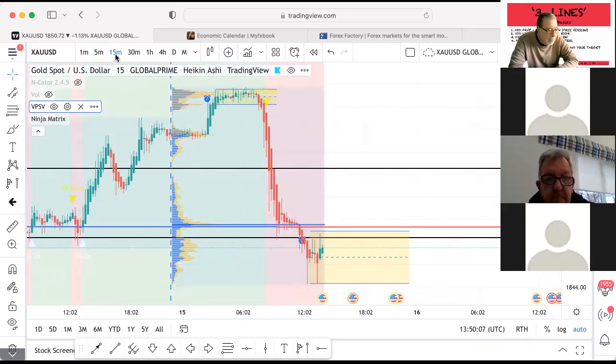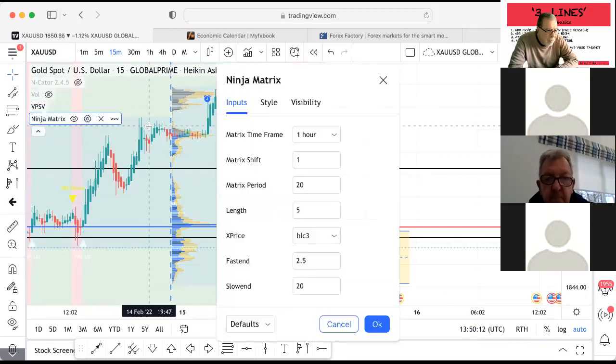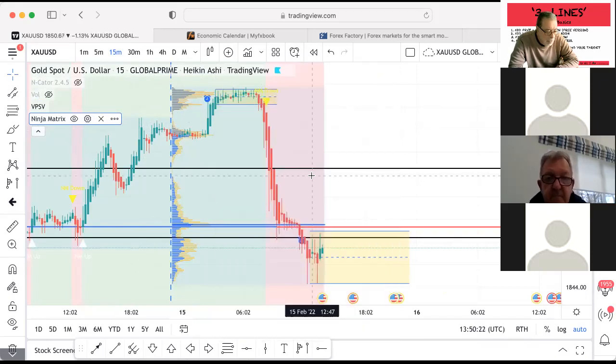I'm just checking that the settings are correct. My matrix time frame is set to an hour, so I'm on the correct time frame. The Ninja matrix is telling us this is still biased towards a sell.